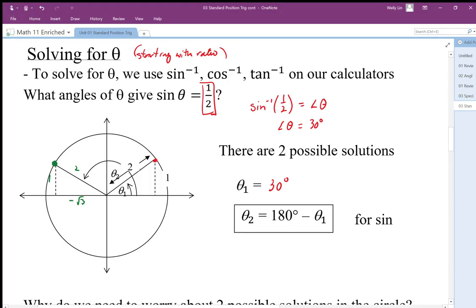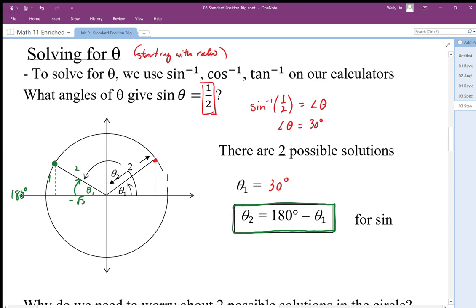There's some symmetry here, and we know that the angle here is going to match the theta 1 angle here. So this is going to be theta 1 here. If I start at 180 degrees and I go backwards theta 1, or minus theta 1, I will get the other angle, which I'm going to call theta 2. There are always two possibilities, because the positive sine could appear either in this quadrant or this quadrant, and we don't know.